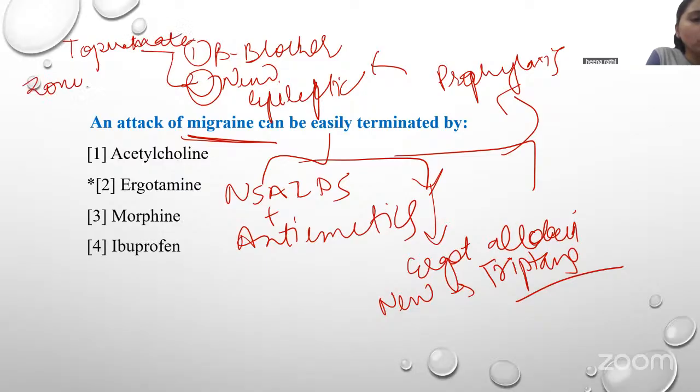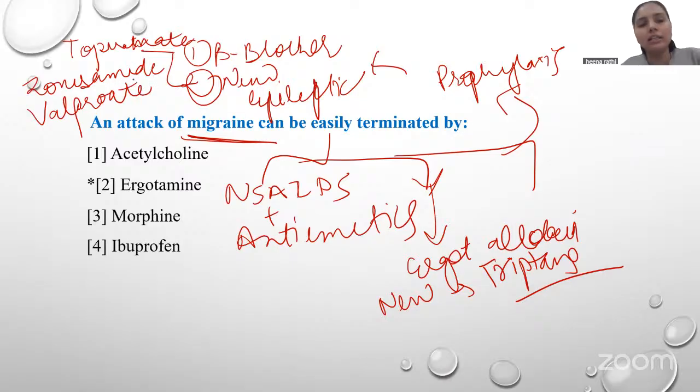Then zonisamide, it can be used for this. Zonisamide, topiramate and valproate can be used for the prophylaxis of the migraine attack. Beta blocker, anti-epileptics like topiramate can be used. Valproate can be used for the prophylaxis of the attack.